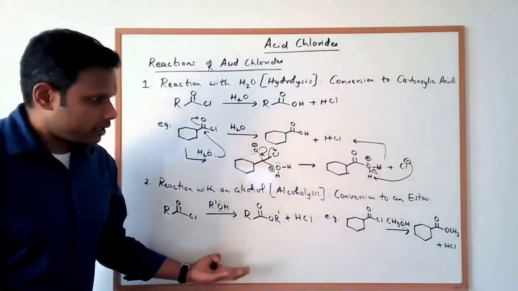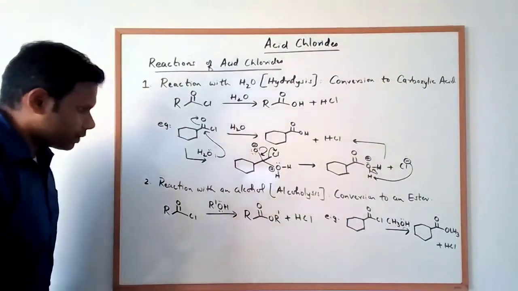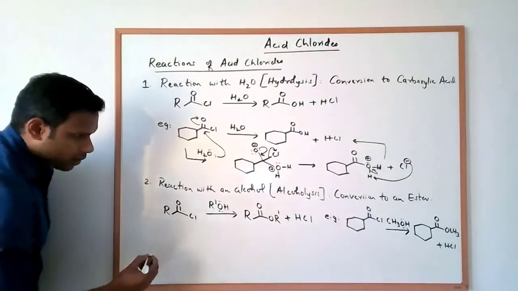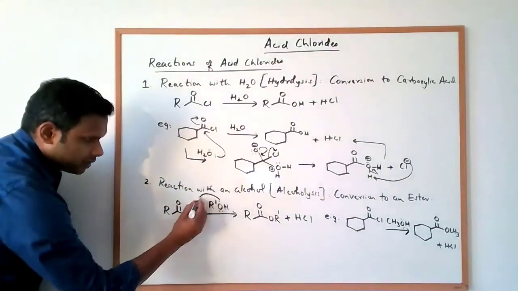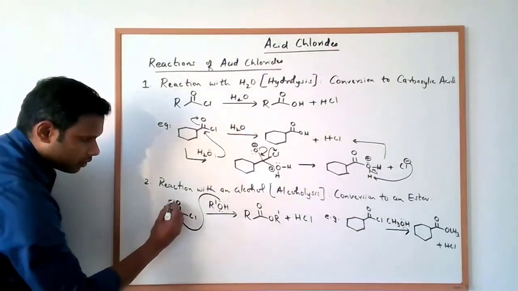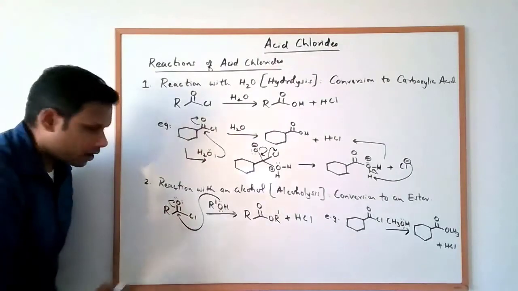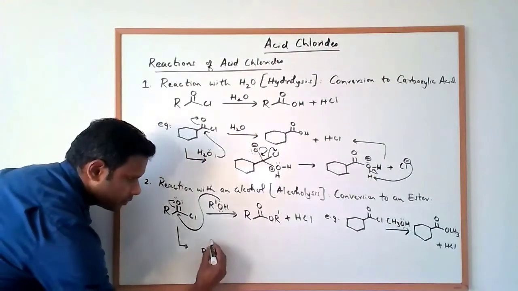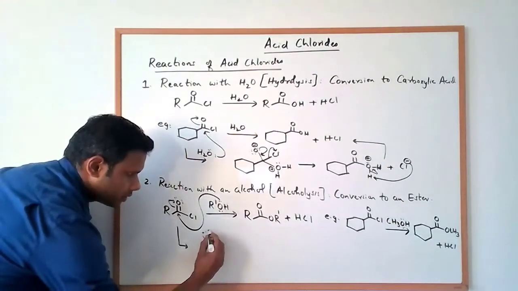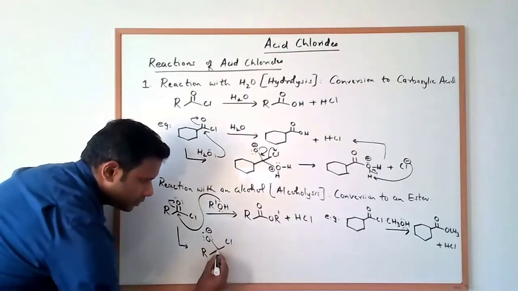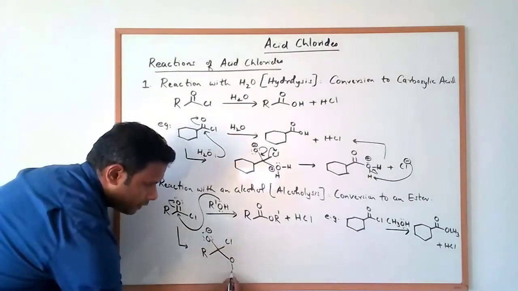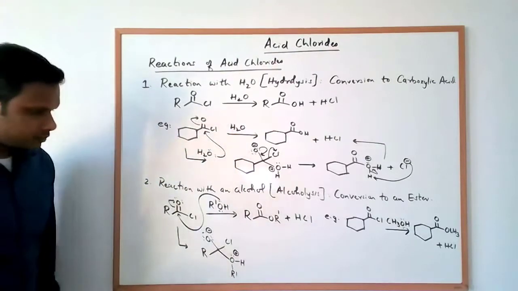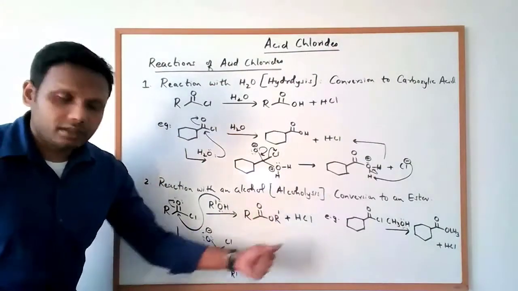We can look at a mechanism for this reaction, very similar to what we saw with the hydrolysis. The first step is the attack by the alcohol on the acyl carbon, the nucleophilic attack, which is going to give you a tetrahedral intermediate. The tetrahedral intermediate then collapses.